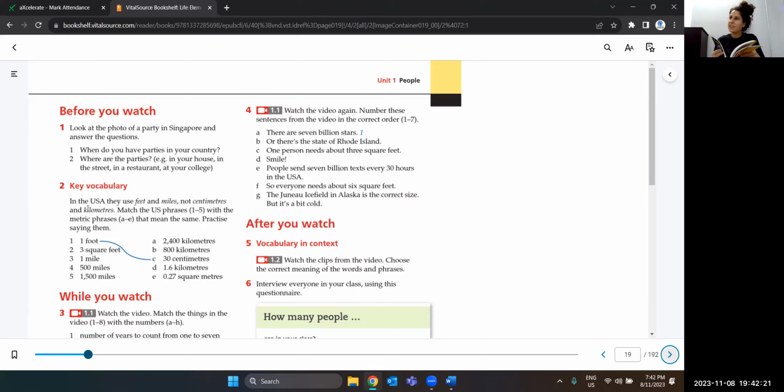Unit 12. 12 or 11? Wow, it feels like a long time ago. Unit 12, I think, because I know it was definitely at the end of the book. 12, yeah. So you looked at measurements.